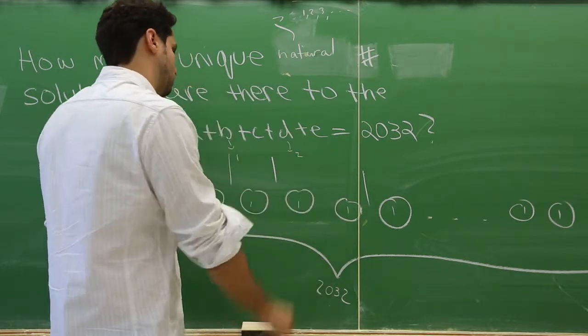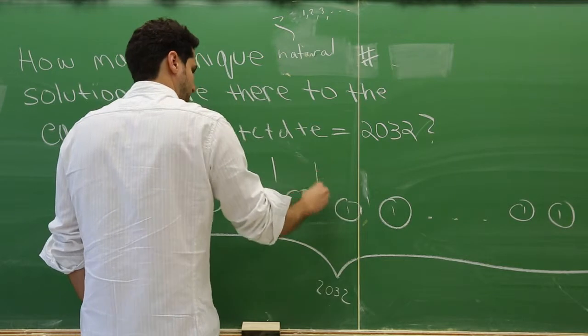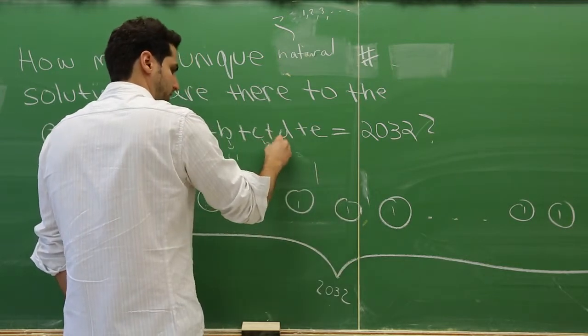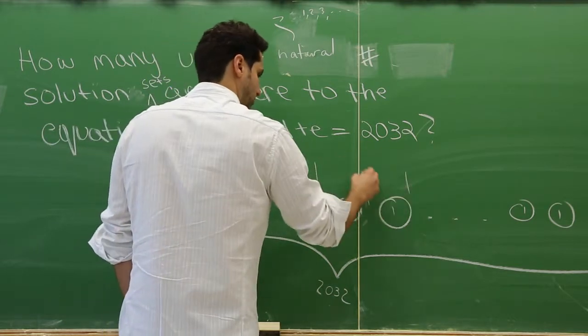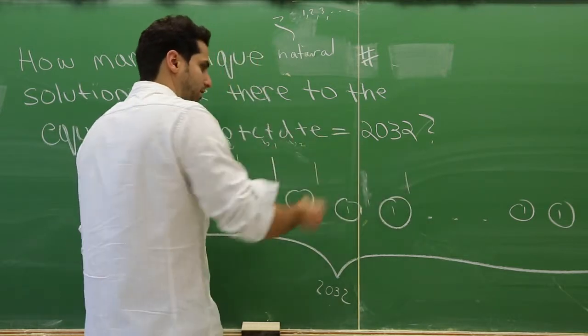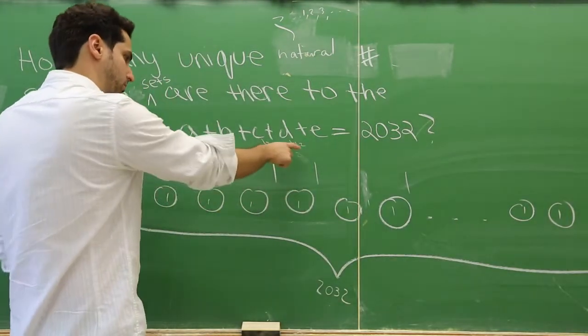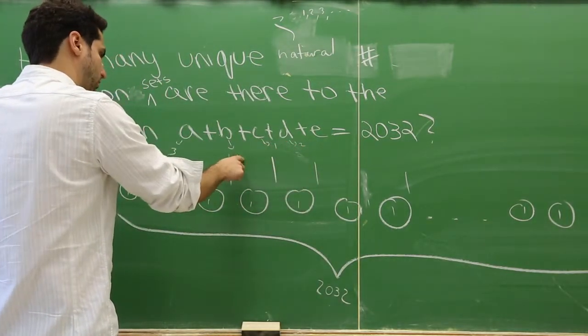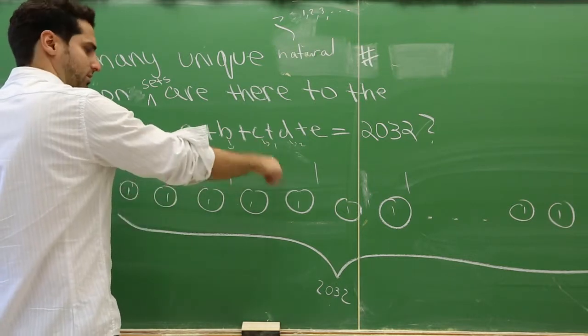Oh sorry, I missed C. Let's make C 1, just because of the way I've drawn everything. And I'll make D 2. And then E is 2032 minus, what have we got? 2, 3, 4, 7. Is that 7 right there? No, 5, 6, 7.